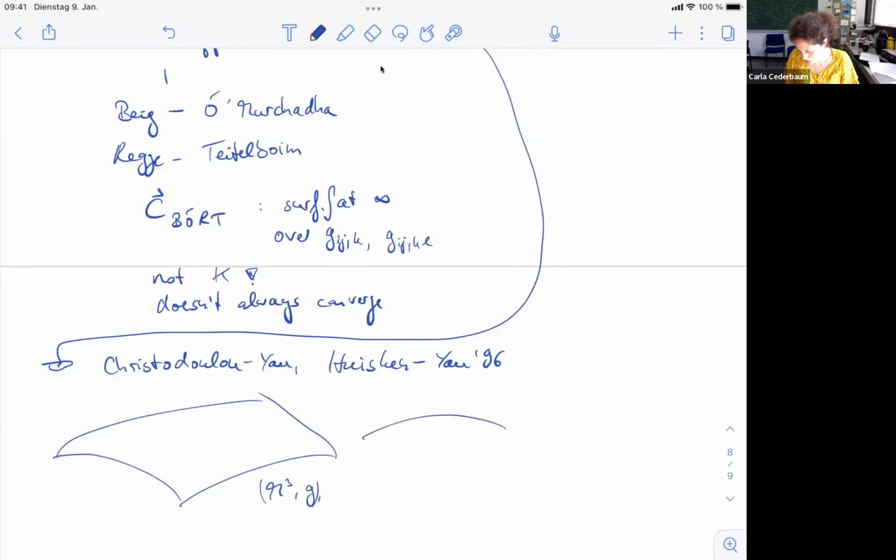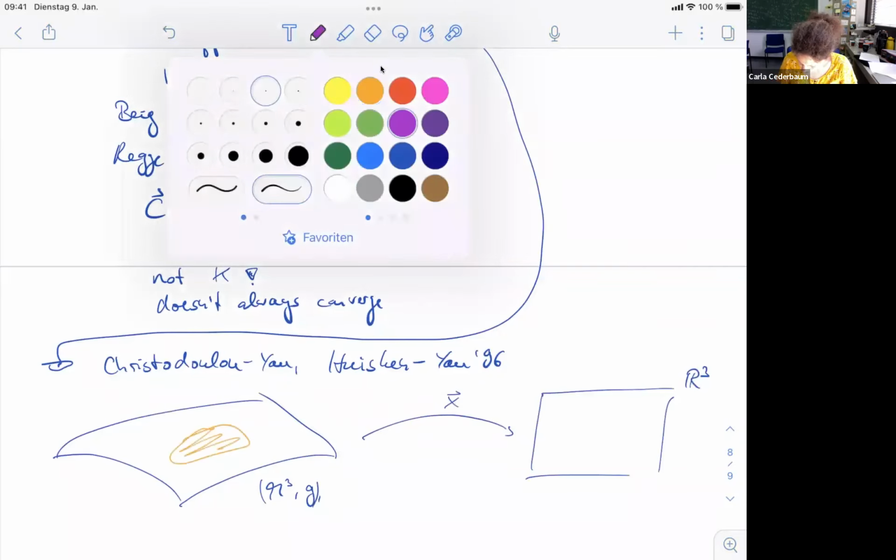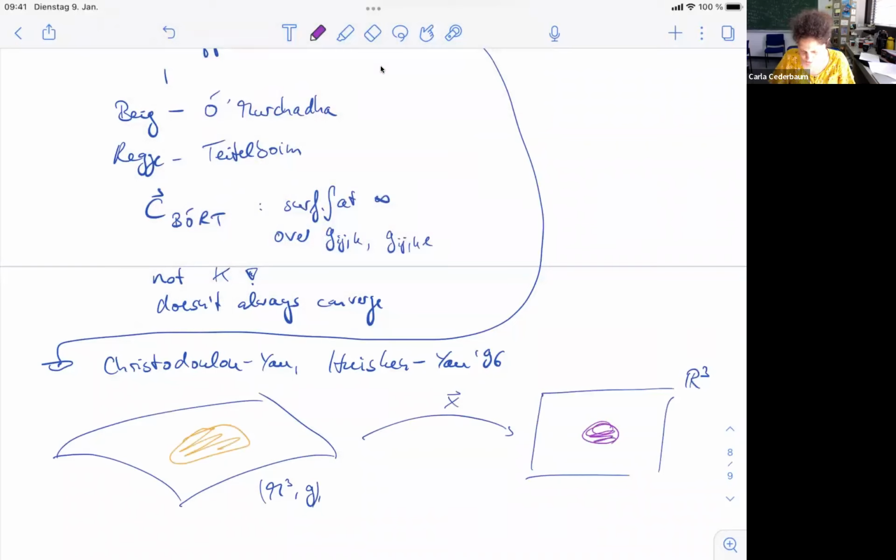And then you have your asymptotic chart here, as I drew it before, outside some compact set, into the exterior region outside some ball. What Huisken and Yau do is construct a foliation by two surfaces that are large and almost round, and that have the property that they have constant mean curvature.